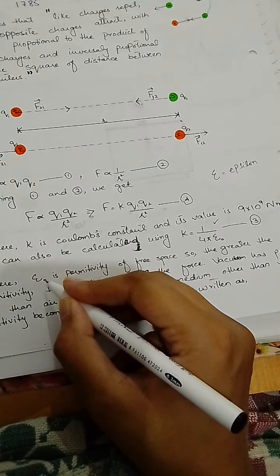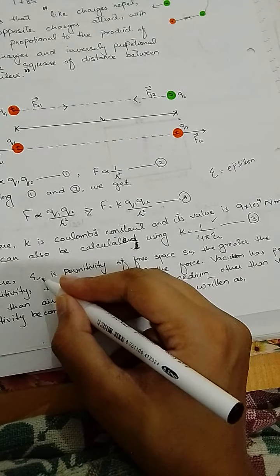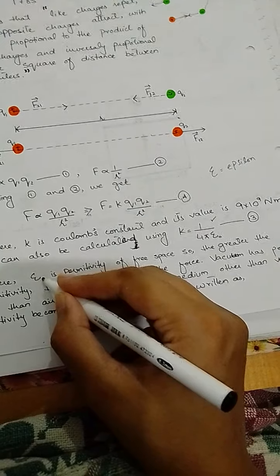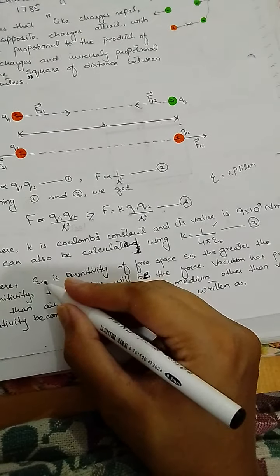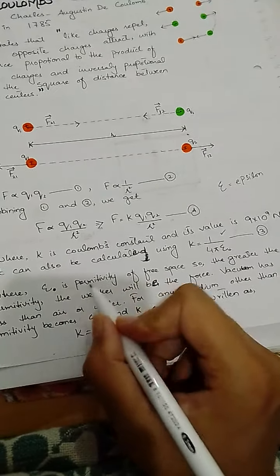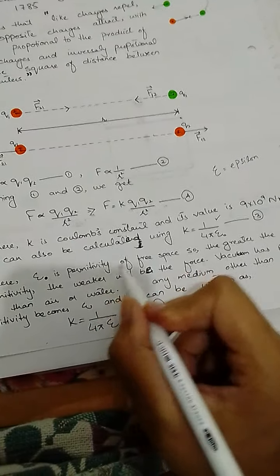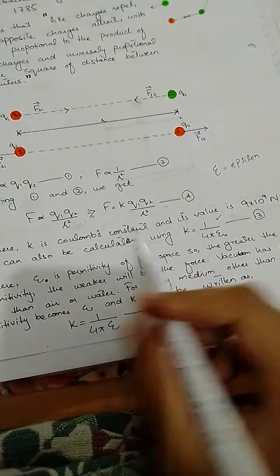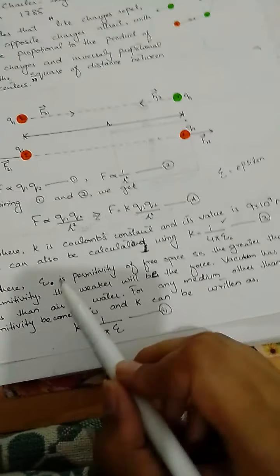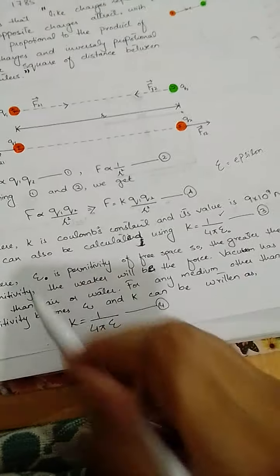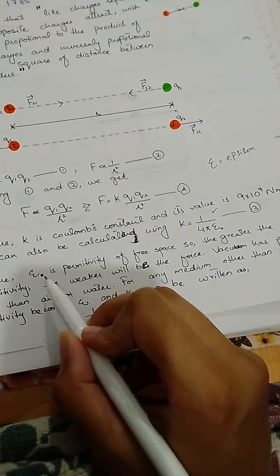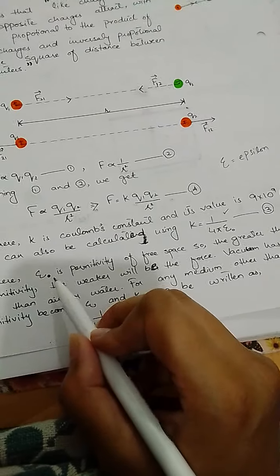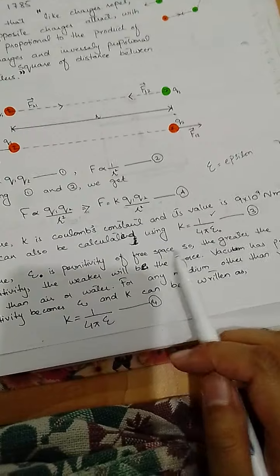Here we have a little o to demonstrate that this is epsilon, or what we call the permittivity of free space. This little o is for free space, so that we can distinguish it from the other simple epsilon. This is called the permittivity, or simply epsilon, of free space.